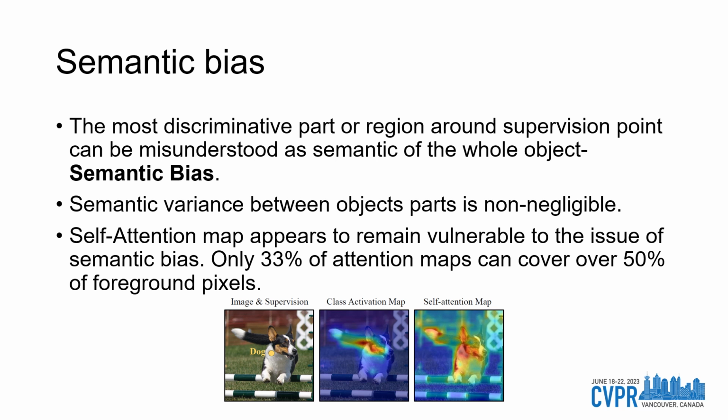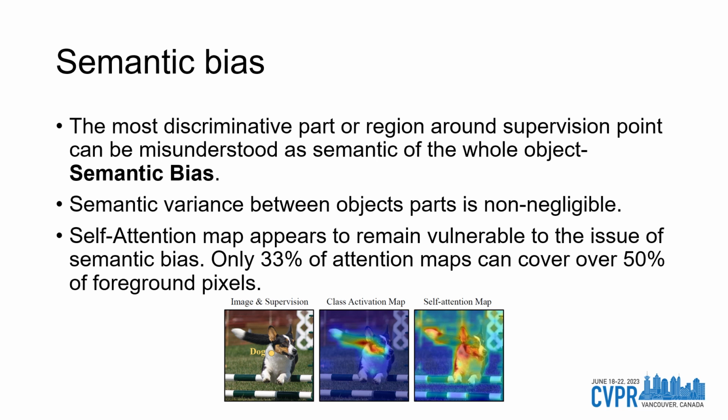For instance, the dog head and dog tail belong to the same semantic category of dog, but their visual appearances can be quite distinct. When using a single point of supervision, these methods may estimate the overall semantic label of dog based on the most discriminative part or the region surrounding the supervision point, resulting in what is known as semantic bias.